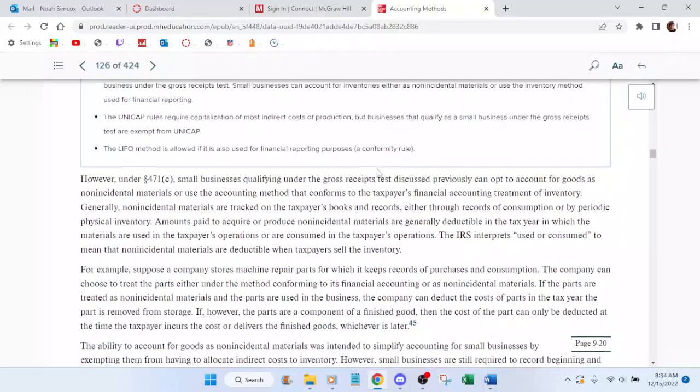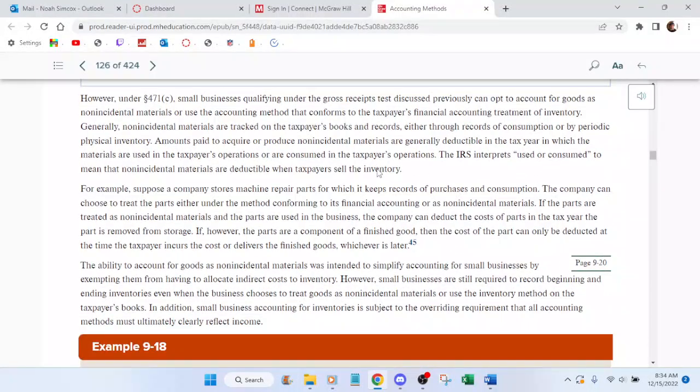Under Section 471(c), small businesses qualifying under the gross receipts test discussed previously can opt to account for goods as non-incidental materials or use the accounting method that conforms to the taxpayer's financial accounting treatment of inventory.